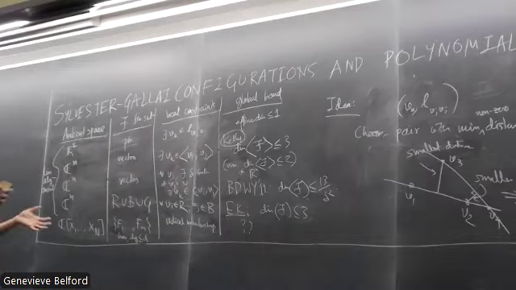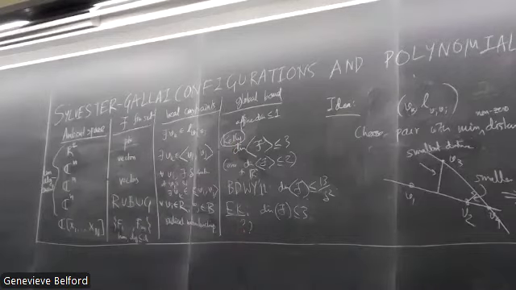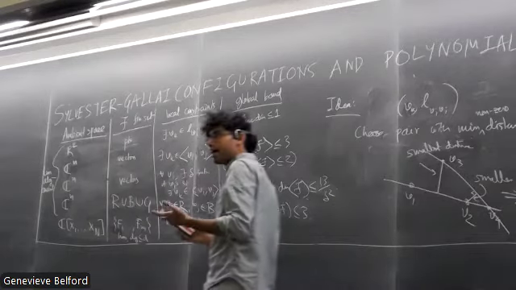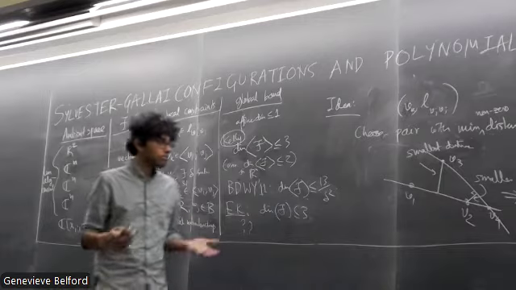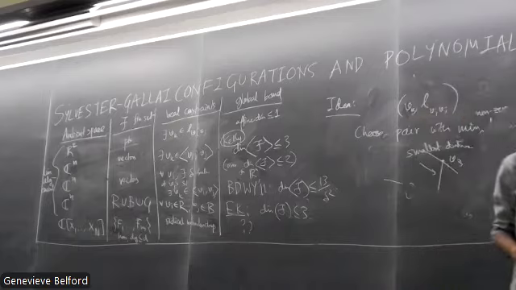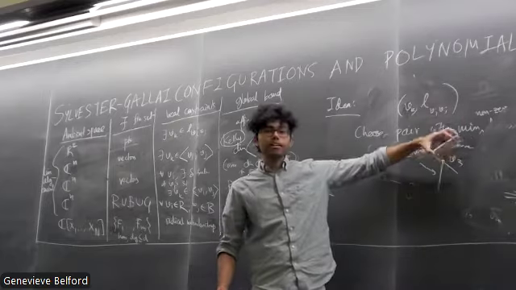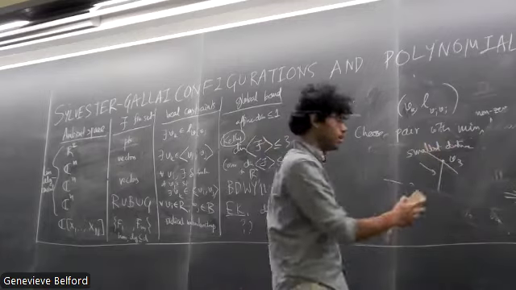Okay. So let me write down what these nonlinear Sylvester-Gallai configurations are, and then I'll explain what kind of bounds we get and what it is used for, why it is interesting. Here, I'm going to write down the exact definition now, and we'll do an example.